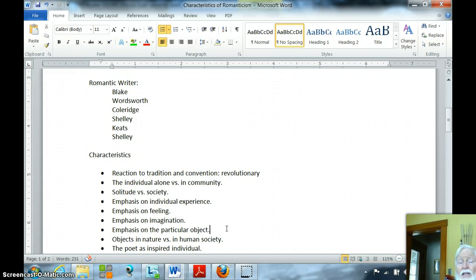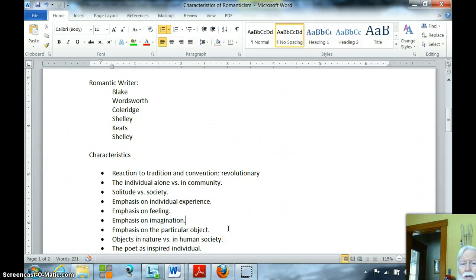He is looking at a specific fire, a specific part of that fire. He's not looking at fires in general, and he's not writing about fires in general, right? So that emphasis on the particular object and then on the imagination, let's put those two together.